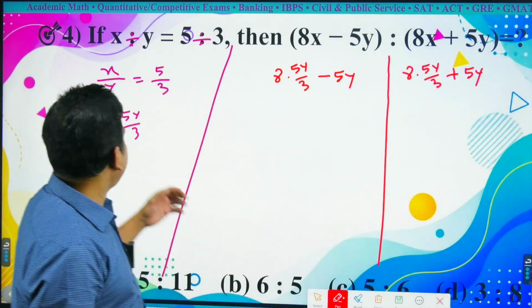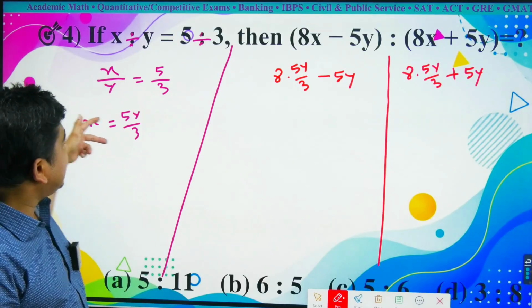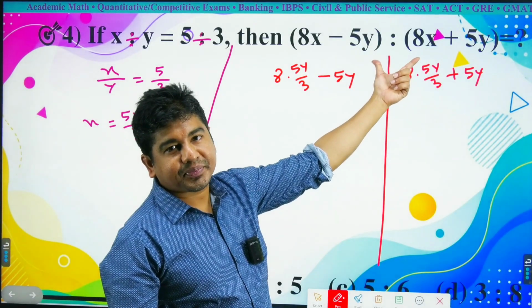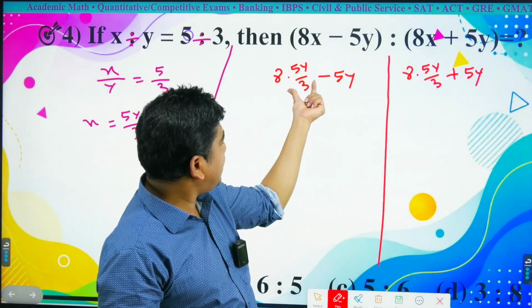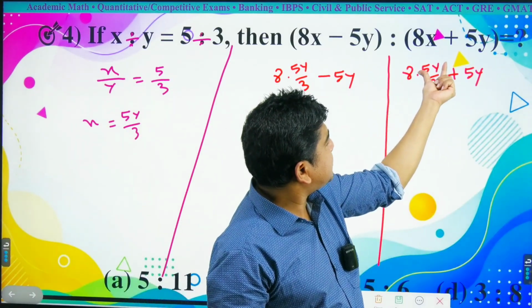I just have taken the value of x in this ratio. The value of x equals 5y by 3.